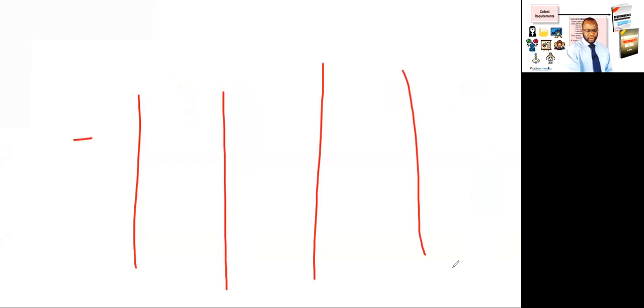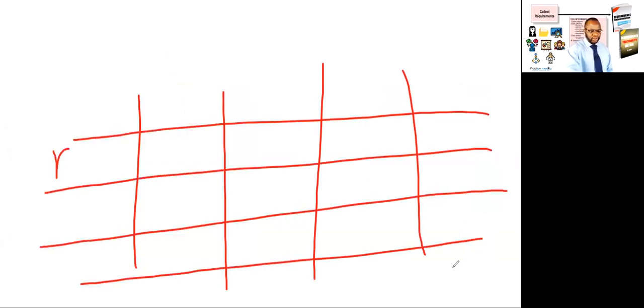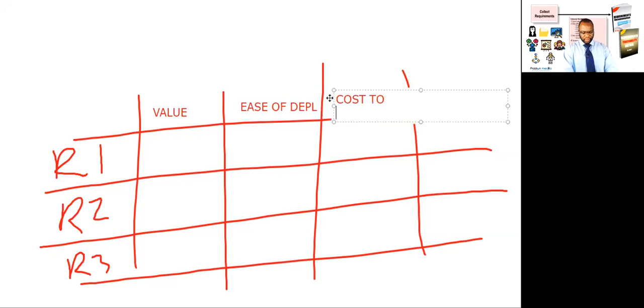Let's say you've got 3 requirements: requirement 1, requirement 2, requirement 3. Think about scoring these requirements in terms of value. What is the value that each requirement brings? What about the ease of deployment of the requirement? What about the cost to implement?